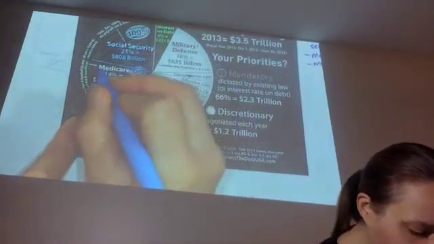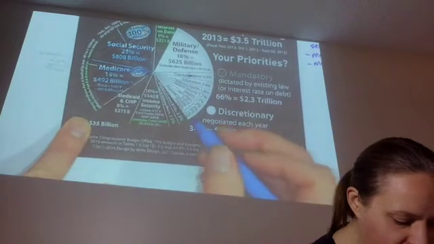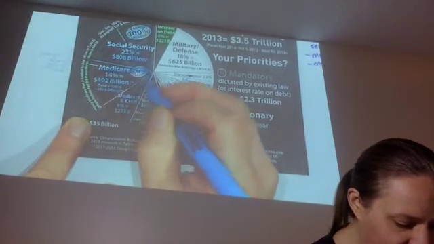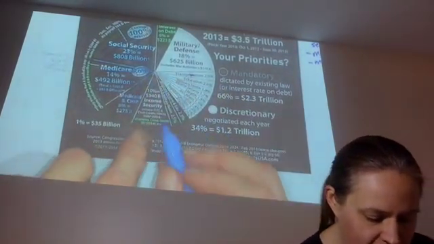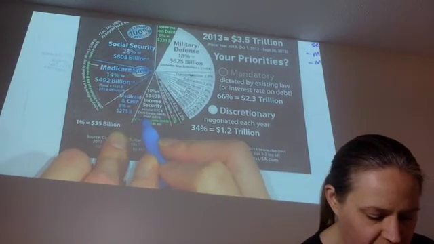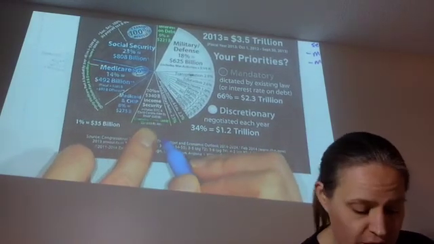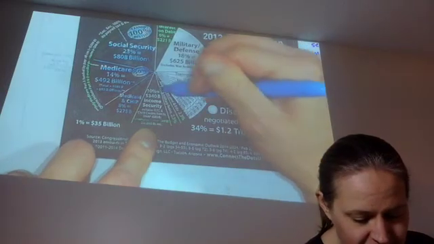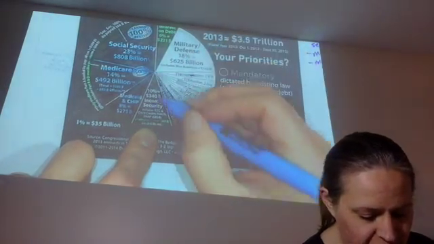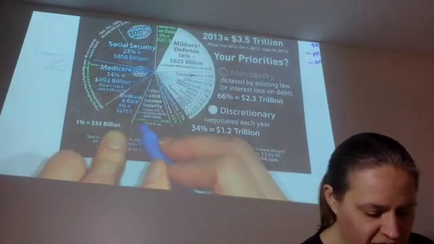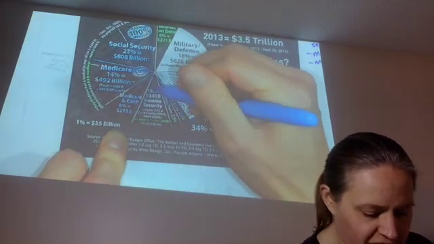Here is Medicare, and here is Medicaid. And then this one includes unemployment insurance for people who are collecting unemployment, and then some veterans and some federal and military stuff. So this part is a little bit of other mandatory spending.